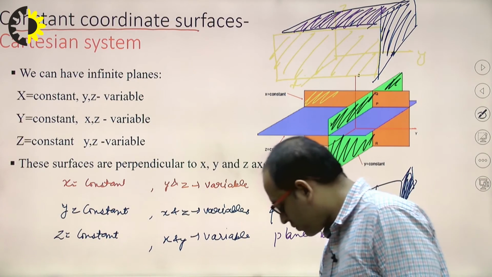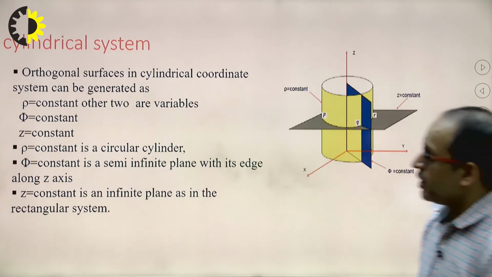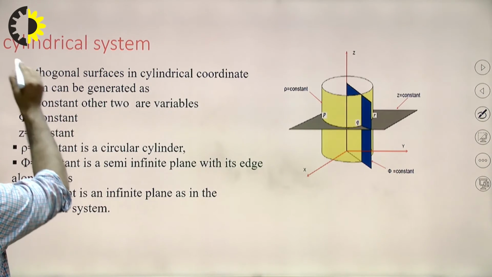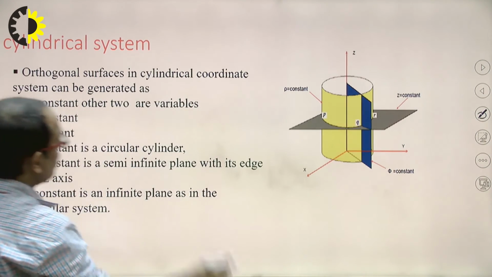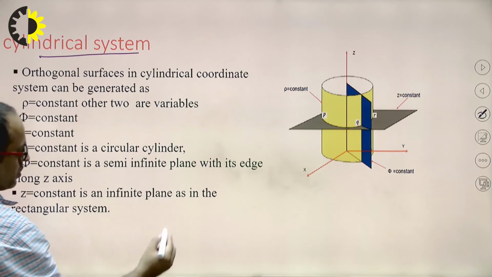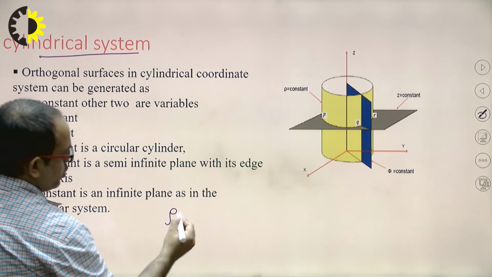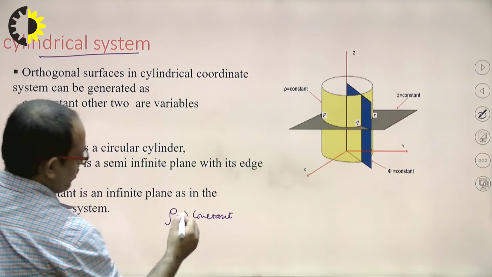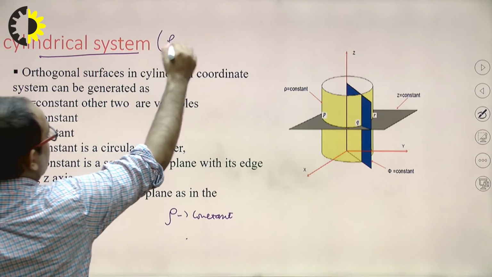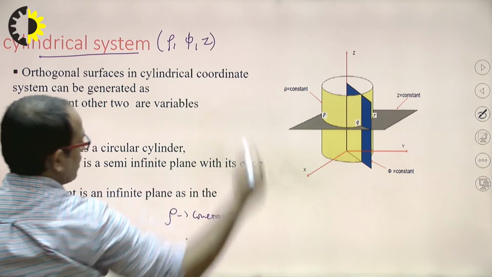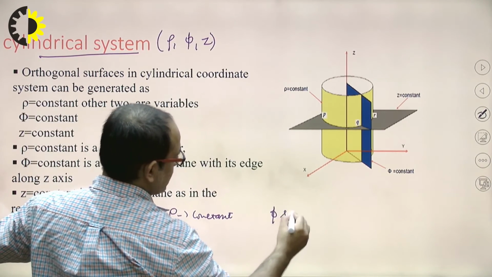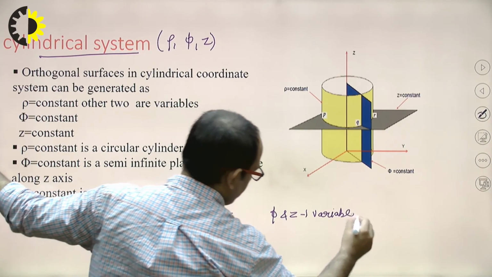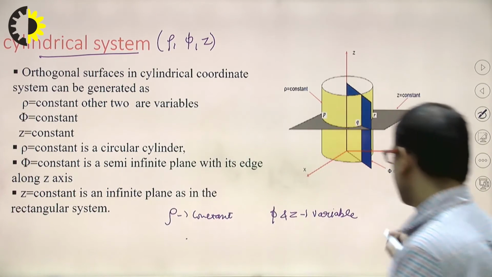Clear? Now see, in the cylindrical coordinate system, if I say rho is constant, rho, phi, z, and phi and z are the variables, the plane will be what? Phi z plane.